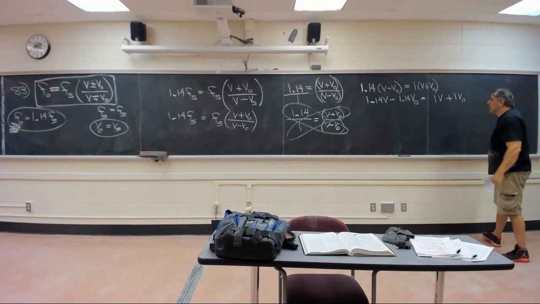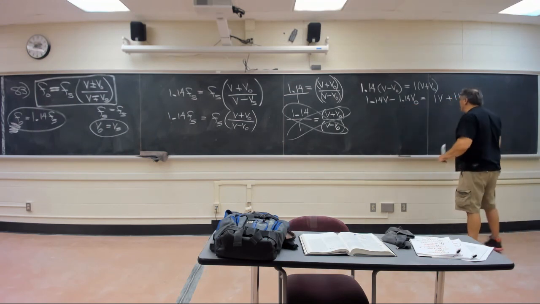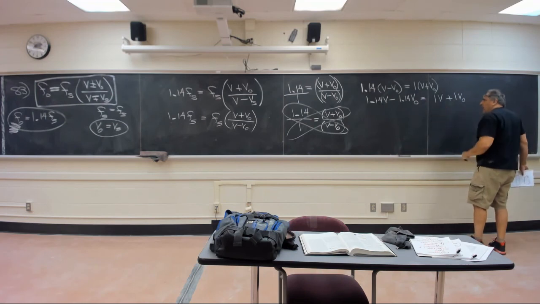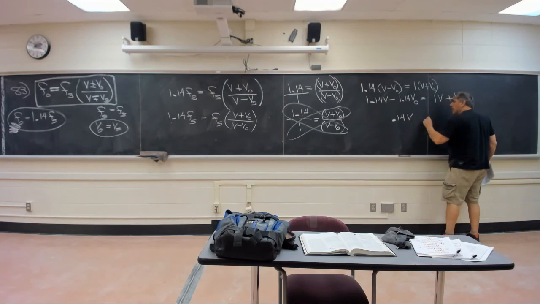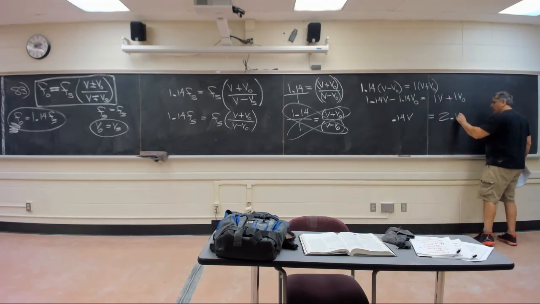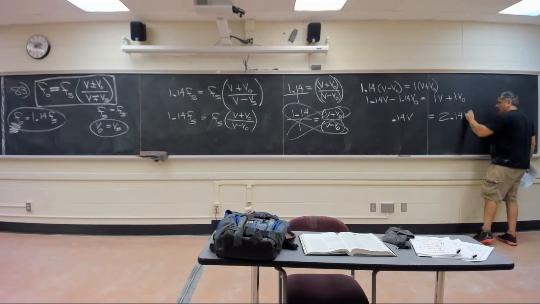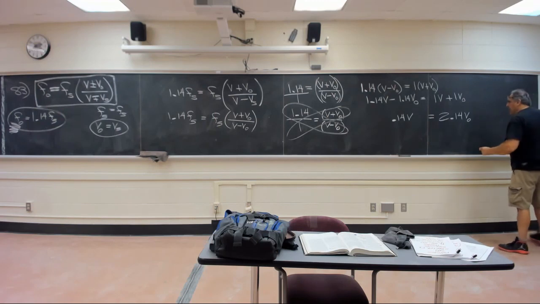All right. Let me add a positive 1.14 VO on each side and subtract 1V on each side. The observer and the source are both moving at the same speed.